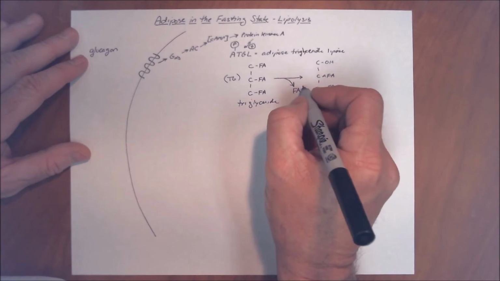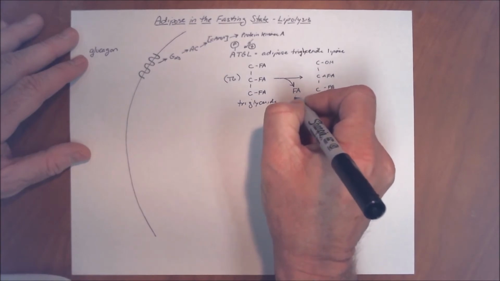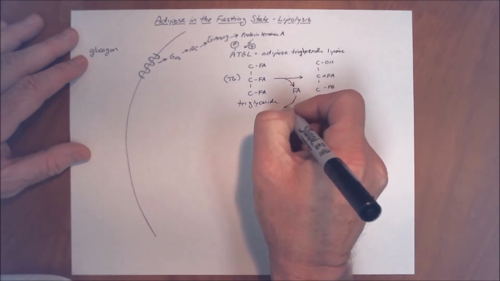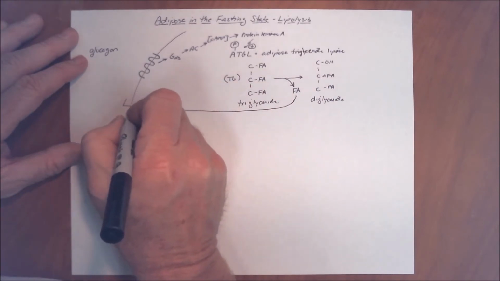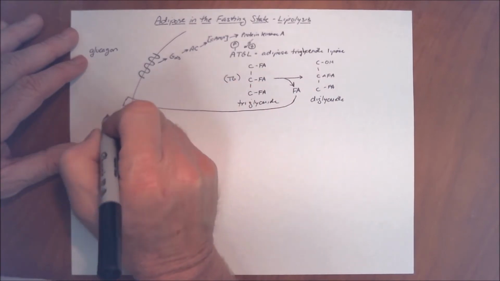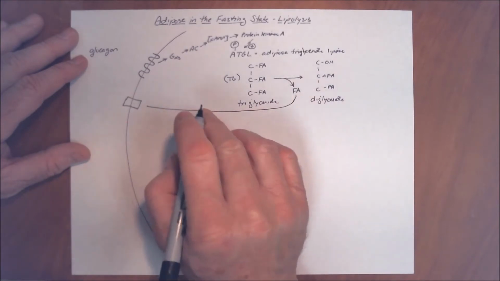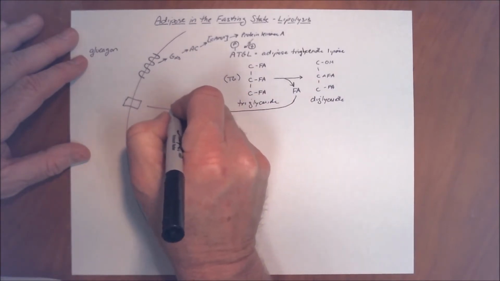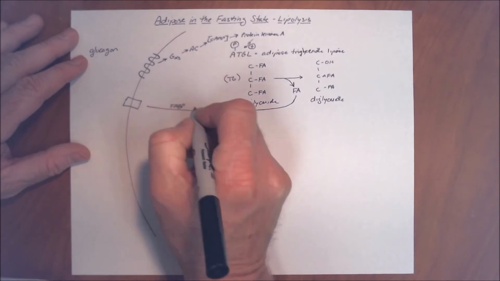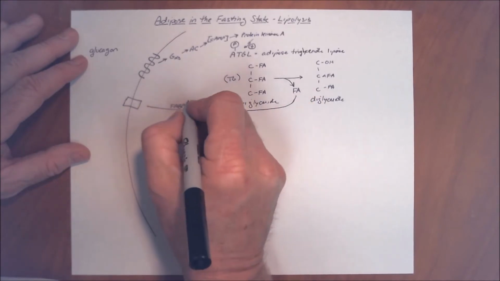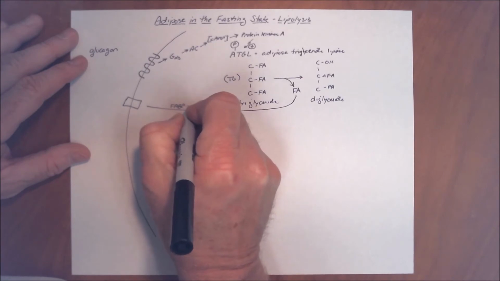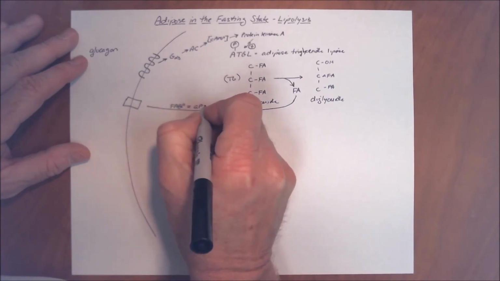Now, this fatty acid is able to be transported to the plasma membrane. And again, remember, these are fatty acid binding proteins that need to transport the fatty acid in order to protect the cell from the hydrophobicity of the fatty acid. In the adipocyte, this fatty acid binding protein is called AP2.